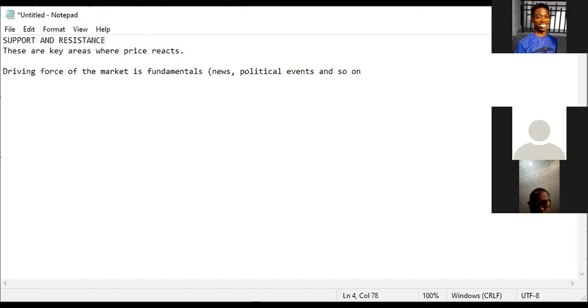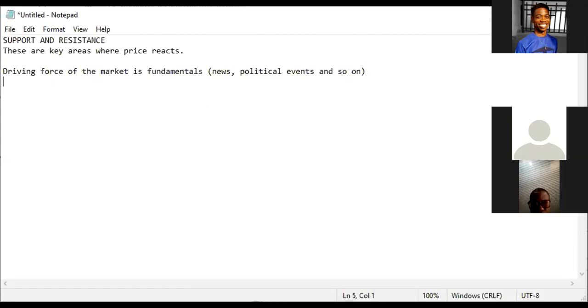I mentioned this in our last class. So the driving force of the market is always fundamentals. It is what moves your candlesticks, what shapes those movements, what makes those candles form those movements.